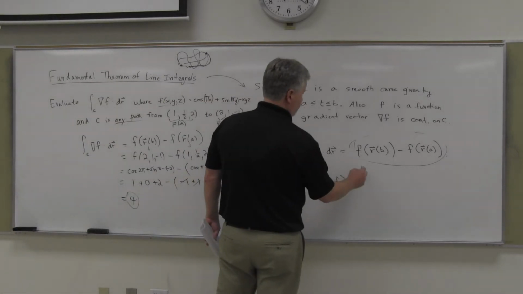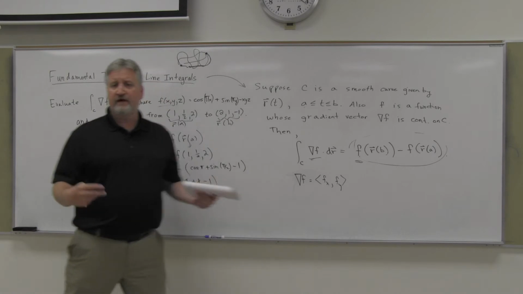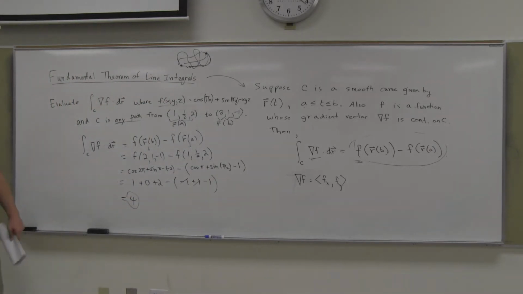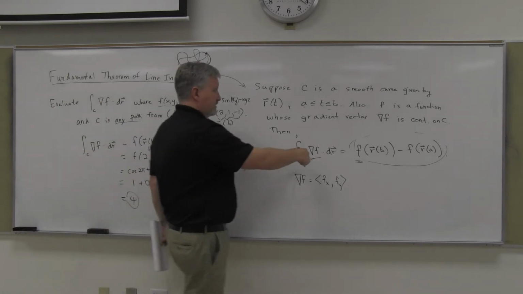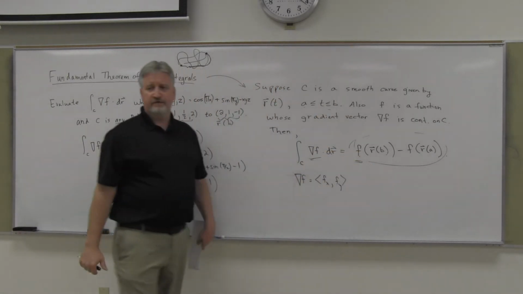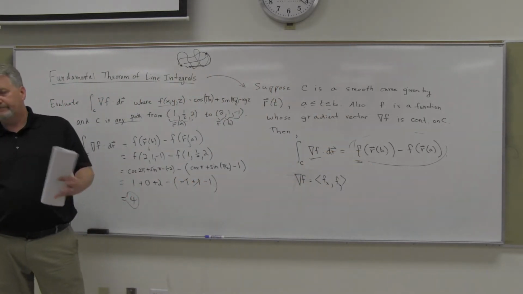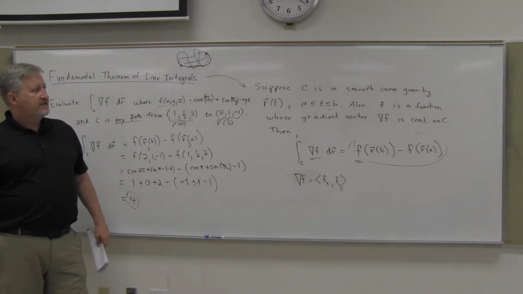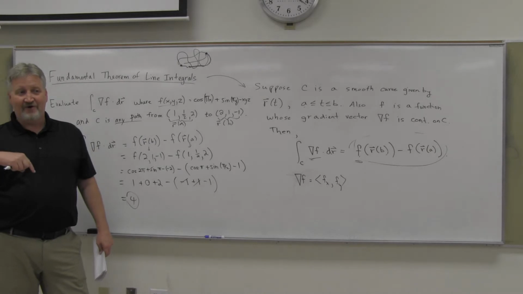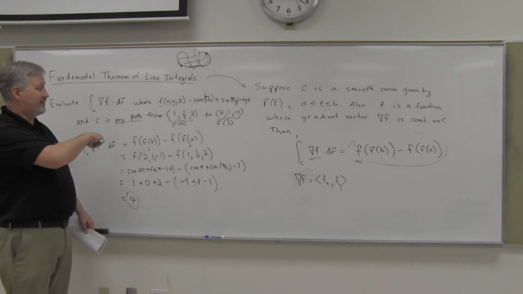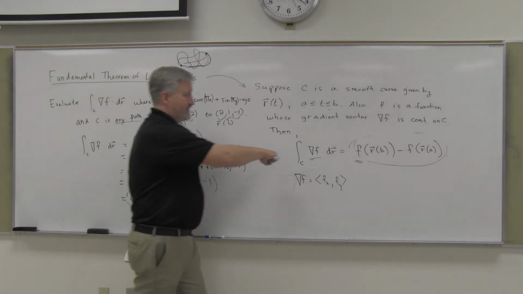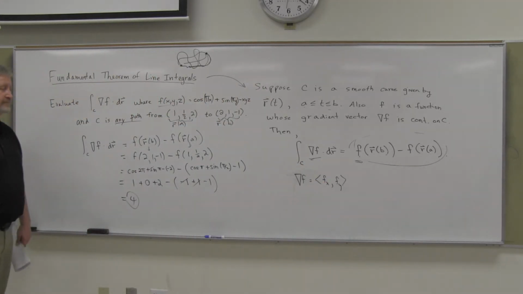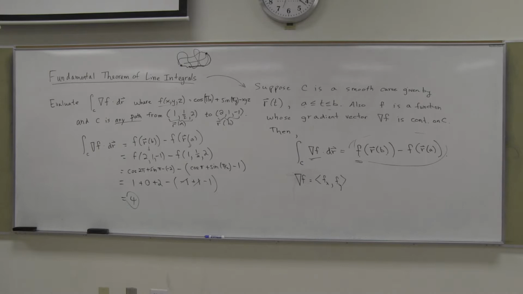This gradient vector, we have to be able to find the function associated there. So we're starting basically with the gradient here. We need to find the function, so find the potential function. This isn't true for all line integrals. We'll talk about it.